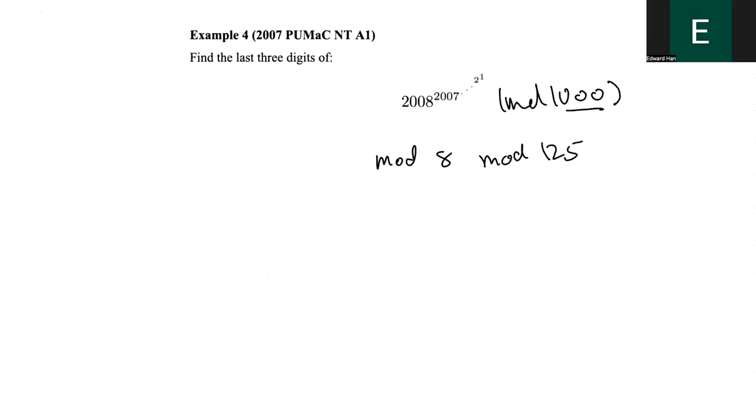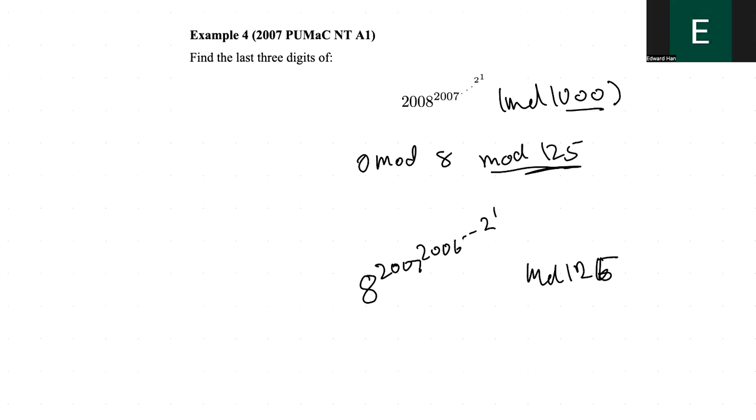So anyways, it's 0 mod 8 because 2008 is congruent to 0 mod 2, and we're taking it to an extremely large power, so it's 0 mod 8. And so we need to find out what it is mod 125. To do that, we first take the base mod 125. So it's 8 to the 2007 to the 2006 all the way to 2 to 1, mod 125.